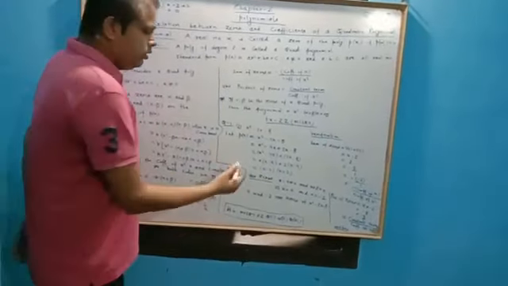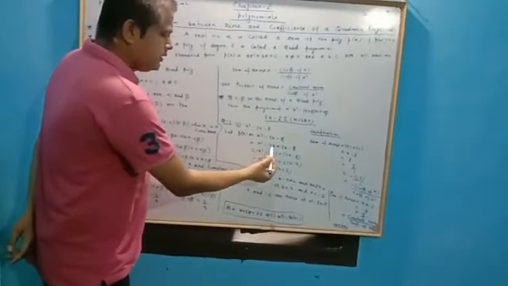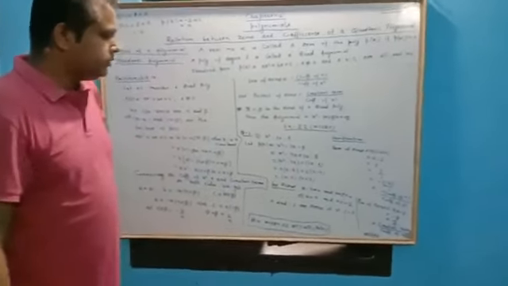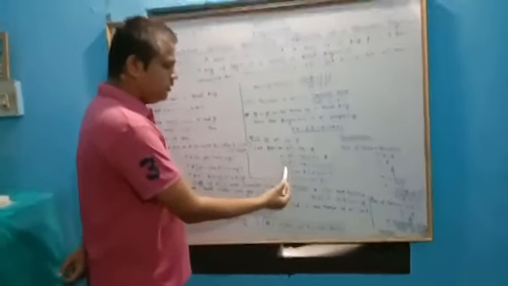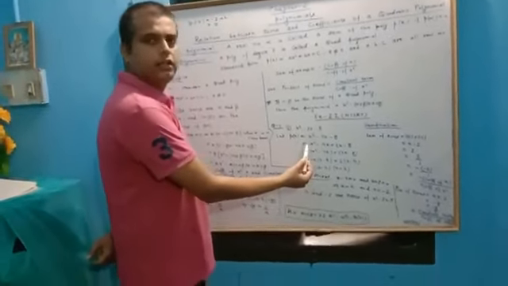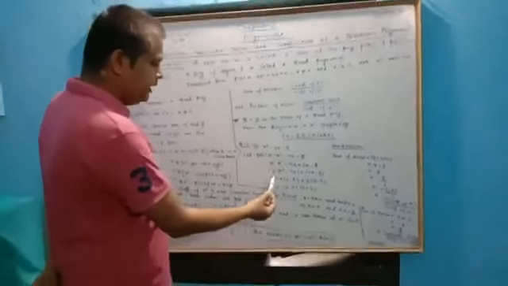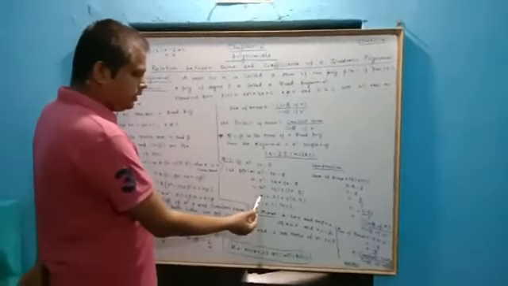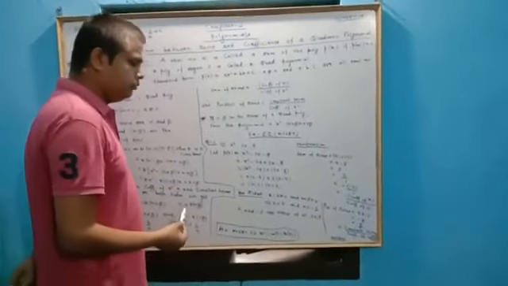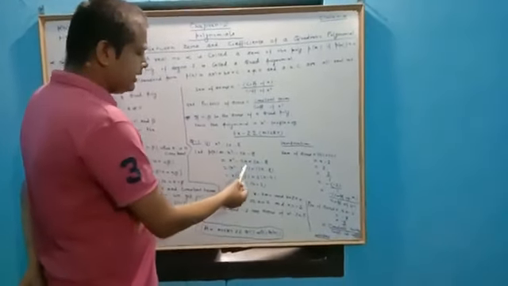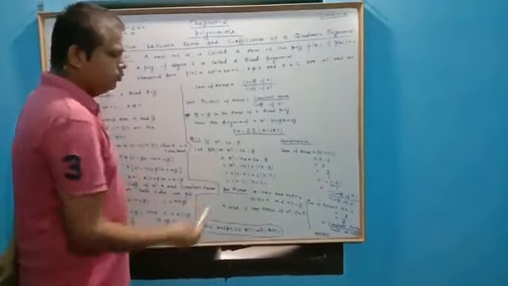Now from the first two terms we take x as common, then x into (x minus 4). From the last two terms we take 2 common.